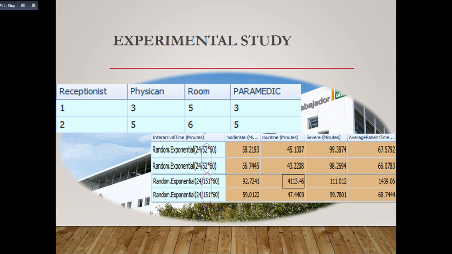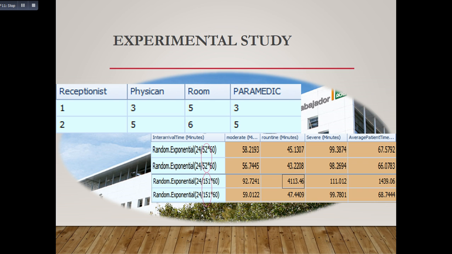They ask how we can increase the demand. In the current hospital, they can serve 52 patients, but they want to serve more than three times this, which is 151 patients a day.